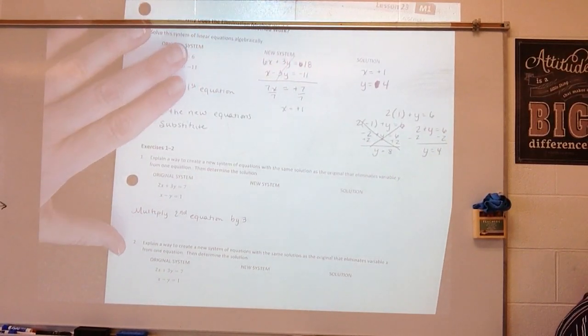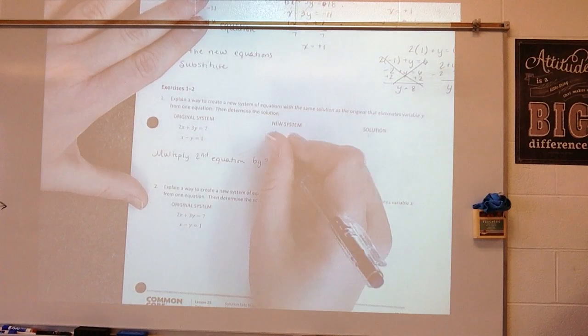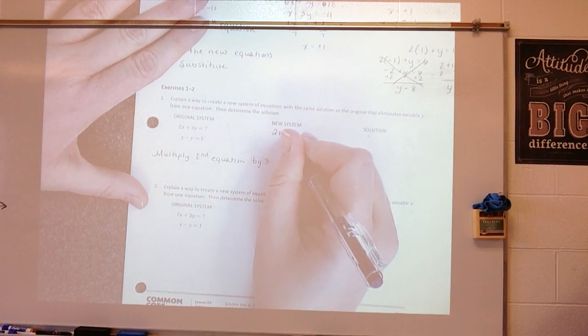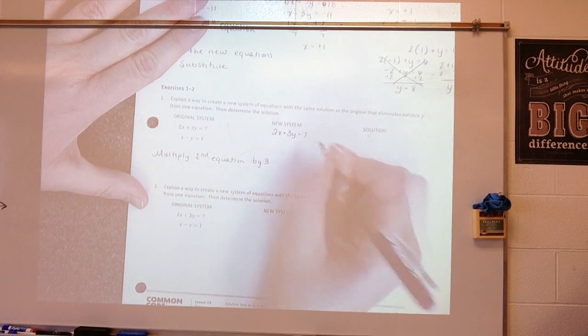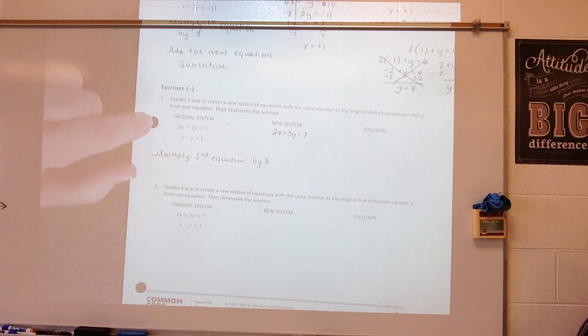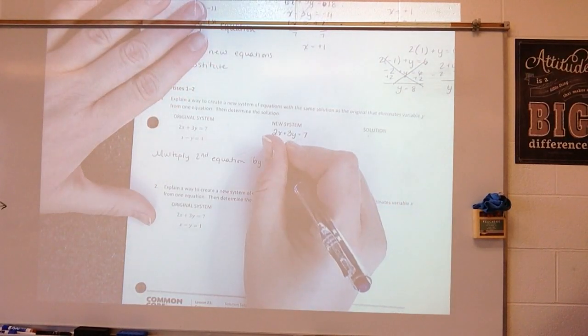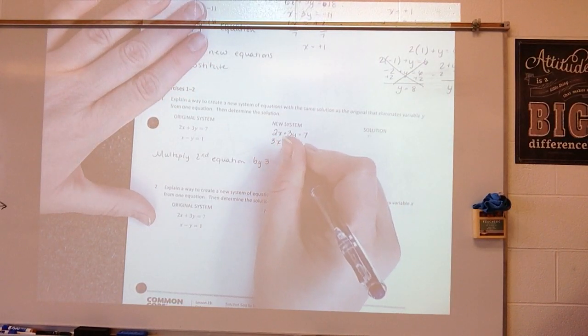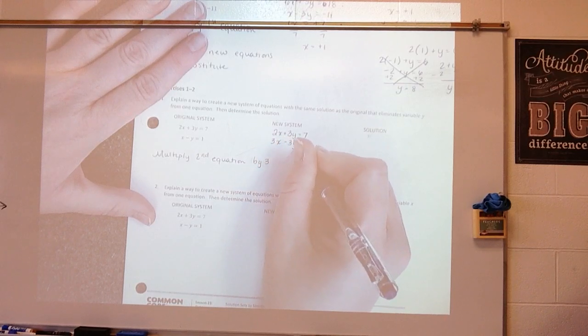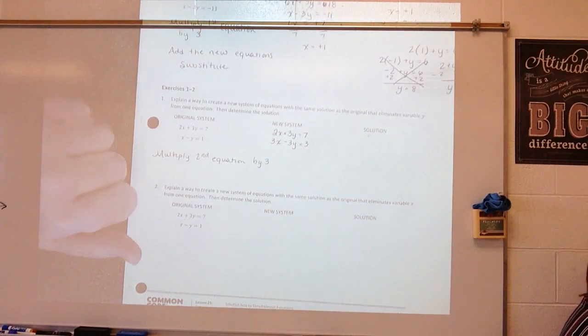So then let's look at what our new system is going to look like. I'm going to have 2x plus 3y is equal to 7. I'm going to multiply this next one by 3. So I get 3x minus 3y is equal to 3.